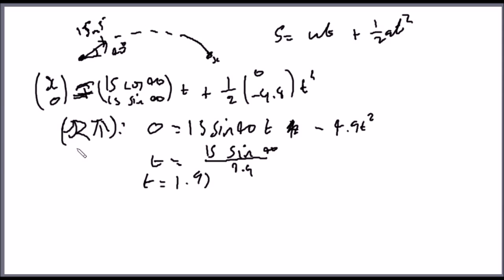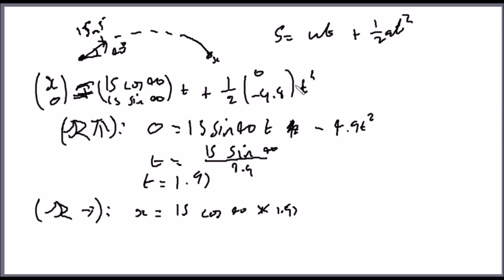We just resolve horizontally. So x equals 15 cos 40 times 1.97, and then this top bit here equals 0.